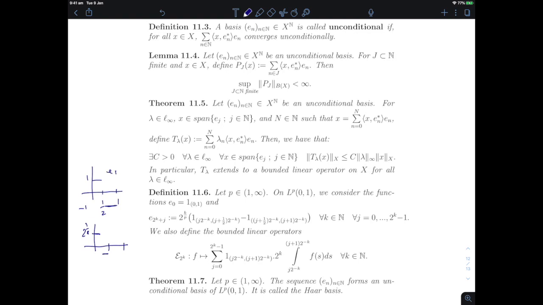So that's E2, and then E3 will be, if this is 1/2 here, 2 to the 1 upon p here and -2 to the 1 upon p there. That's E3. And then we keep going like that.